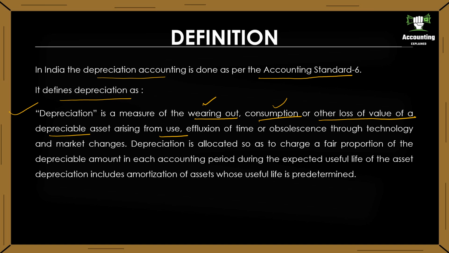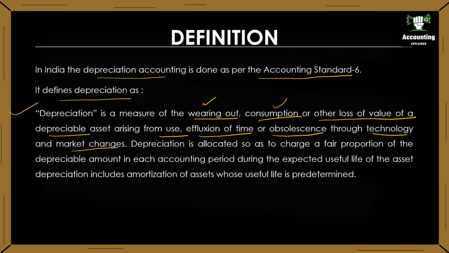When you use the fixed asset, its value is reduced. Efflux of time: over a period of time also, the value of fixed assets will be reduced. Obsolescence means outdated: through technology and market changes also, the value will decrease.